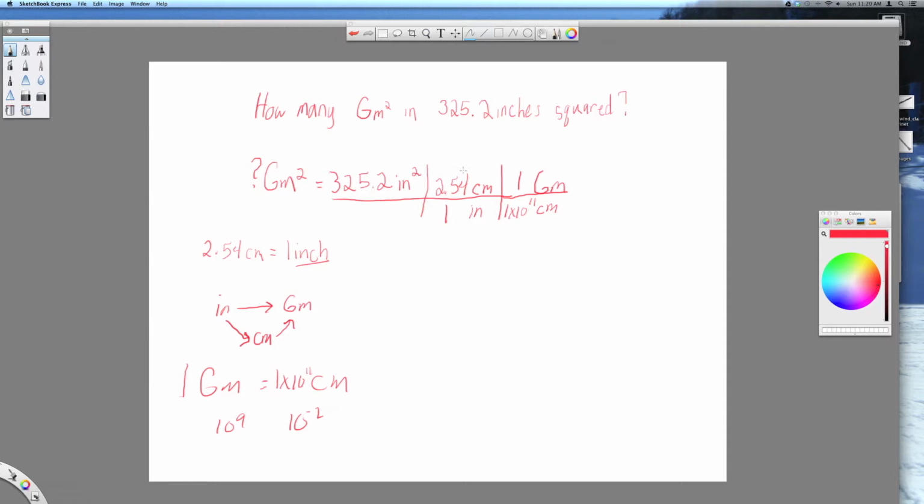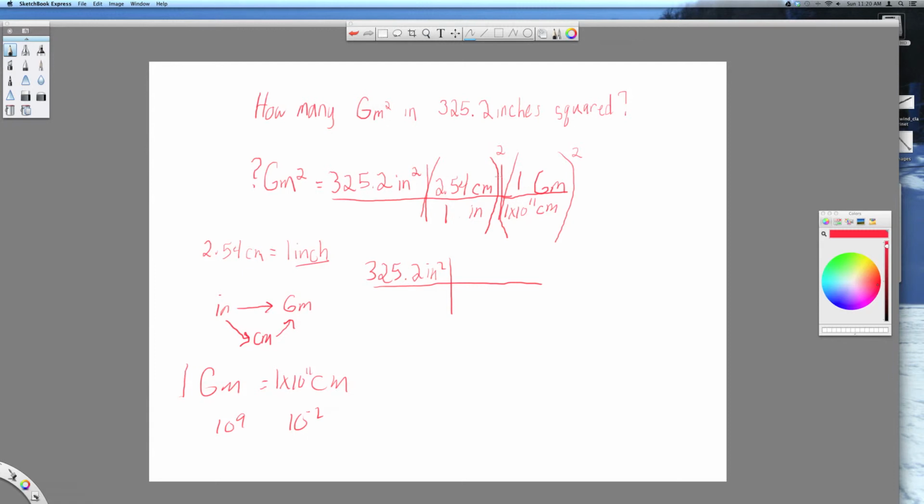Because I'm dealing with area, I have to make these conversion factors relate to area. So that means I'm going to have to come back and square each conversion factor. That one and that one. So I'm going to rewrite my brackets down here. That one doesn't change any.